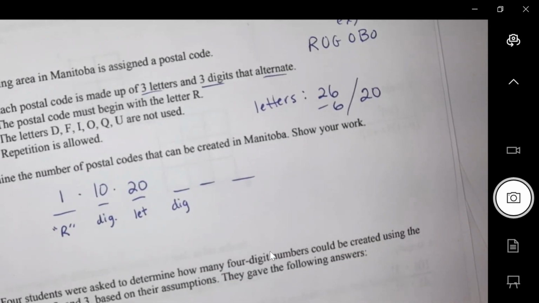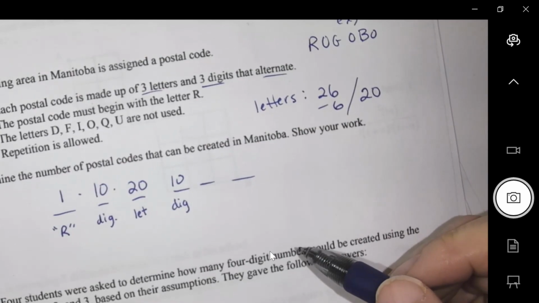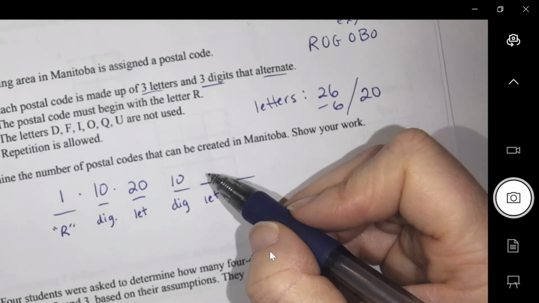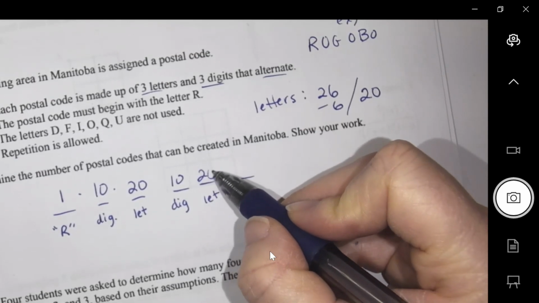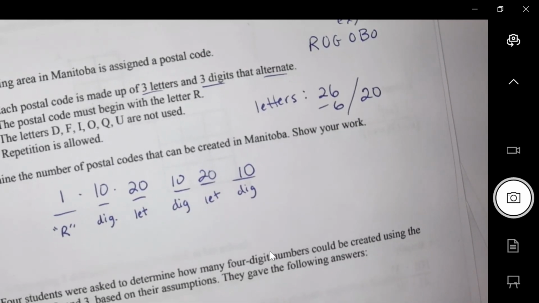Now, next spot, I'm back to a digit. So how many options for digits? 10. Back to a letter. I can use, again, the same letters. So 20 options. Digit. I'm back to a 10. Okay.